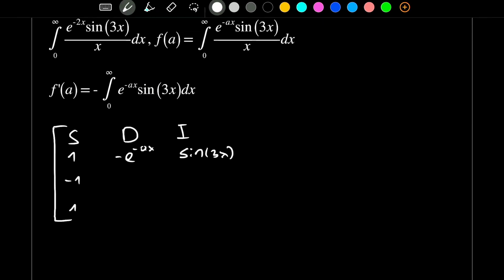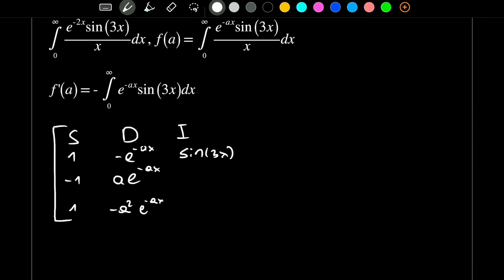Now, next up, just two derivatives here. So now we are going to be differentiating with respect to x, which is going to give us a times e to the power of minus ax. And then the second iteration is going to be minus a squared times e to the power of minus ax, like so. Now we're also going to be integrating as well.